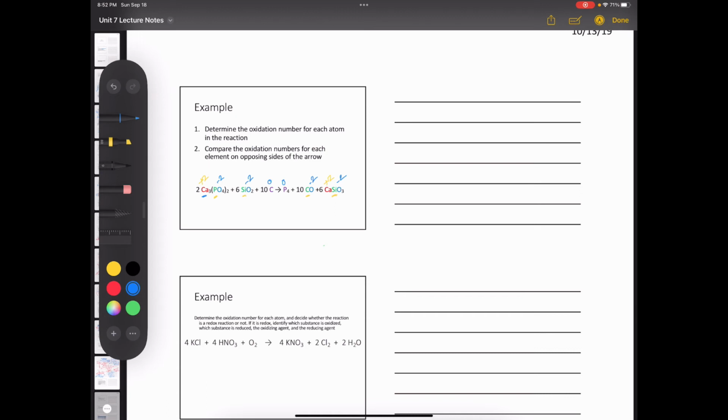So first, let's calculate for the phosphorus. For the reactants, I have the phosphorus and the silicon. That's essentially what I'm missing for the oxidation number. So I'm going to calculate for the phosphorus first. Just like how we did with the manganese phosphate earlier, you can either do the entire molecule, which is a very long way of doing it, or you can just do the polyatomic ion.